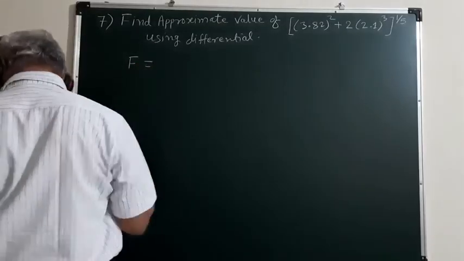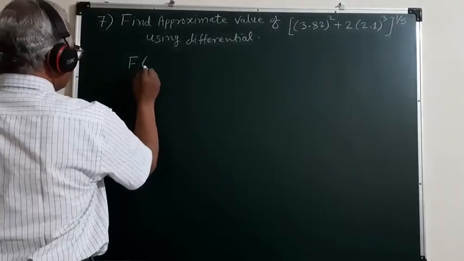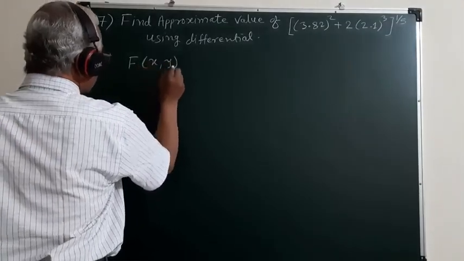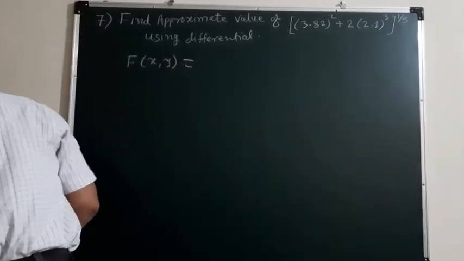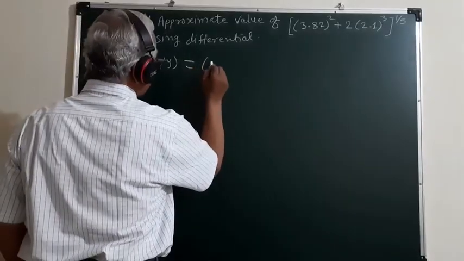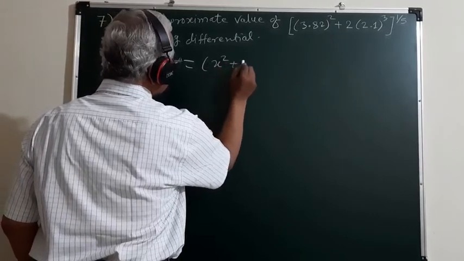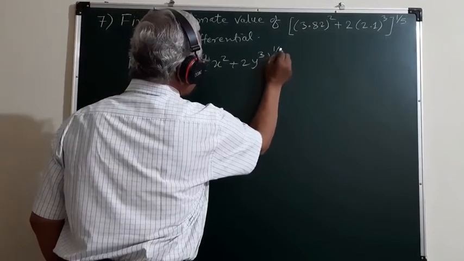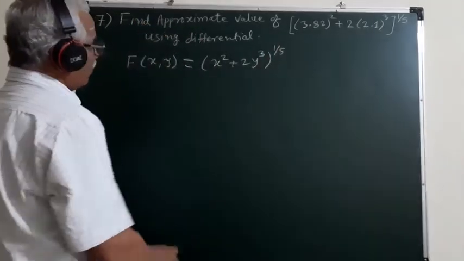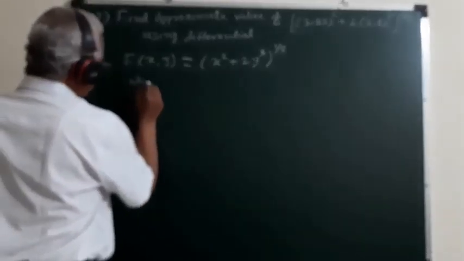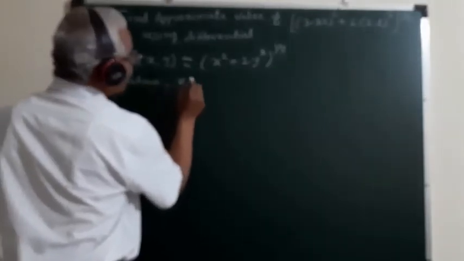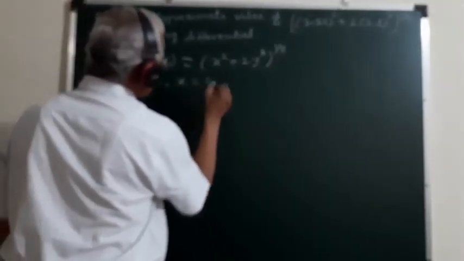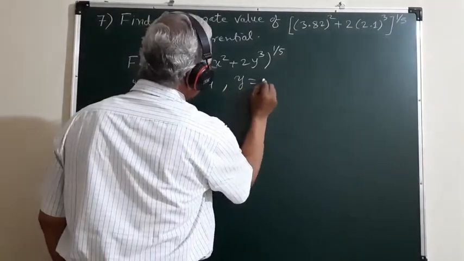consider the function in the form f(x,y) = (x^2 + 2y^3)^(1/5), where x is equal to 4 and y is equal to 2.